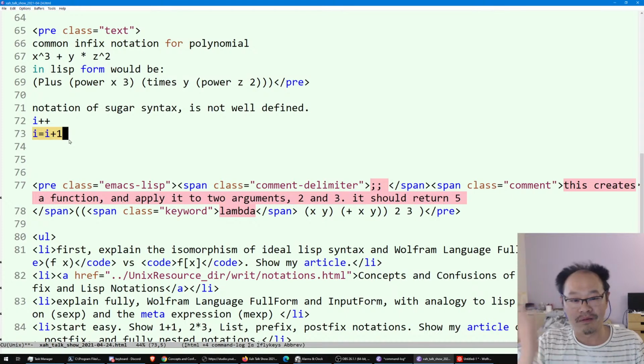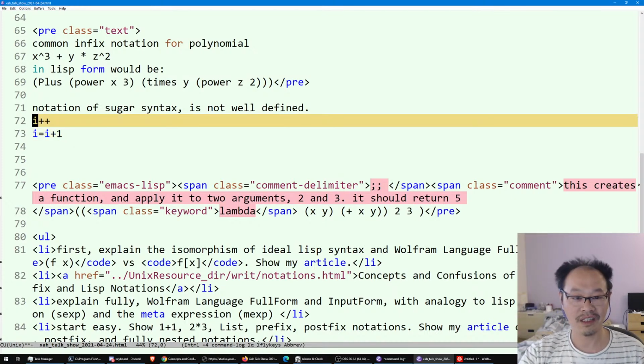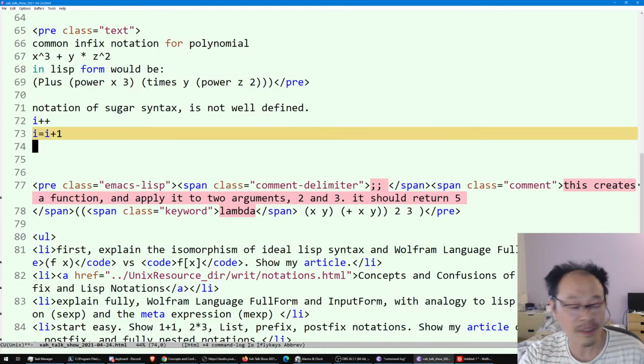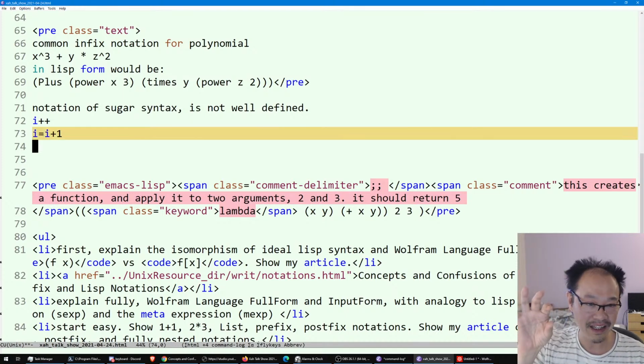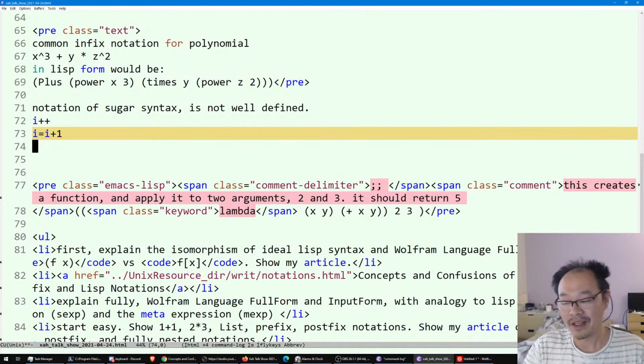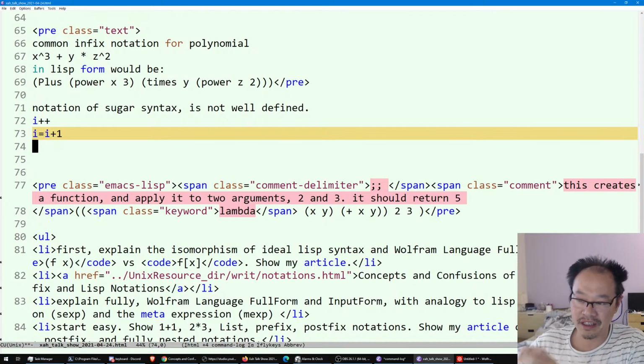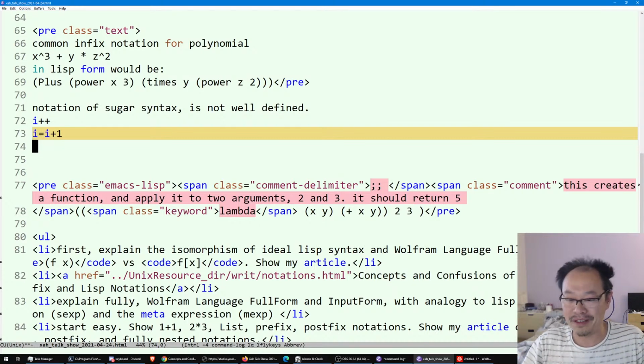Normally, most people will say that's a syntax sugar for this one, but not really, because these two forms actually compile to different things. Today the compiler becomes very smart, so they may compile to the same thing if the context is right, but not always.